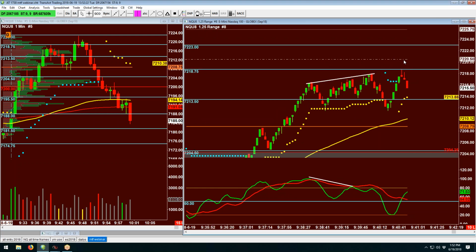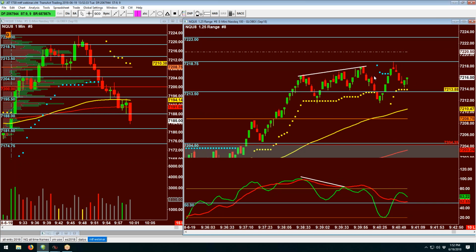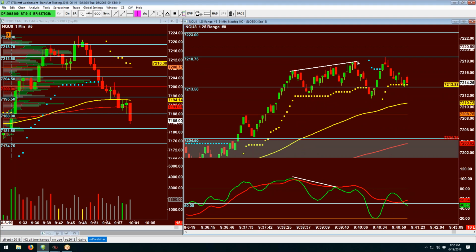So here we go. Now this I like better. Why? Because now it's actually tagging that 1875 area, and I still do have divergence. And I'll just point it out here. So here, higher highs on price, lower highs on the stochastic.